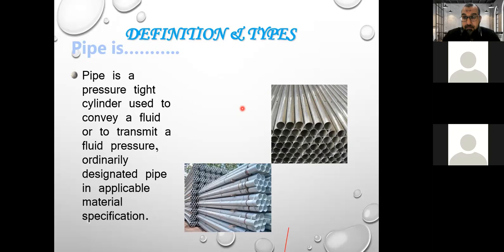Through pipe. The pipe carries the oil and gas inside it, like a pressurized tight cylinder. As I said, it is used to convey or transmit the fluid from area to area. It will go to specification, depending on the fluid pressure, temperature, and everything.